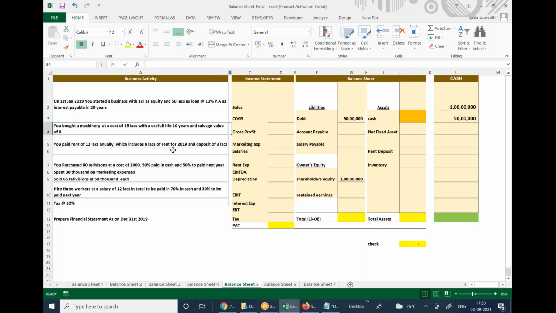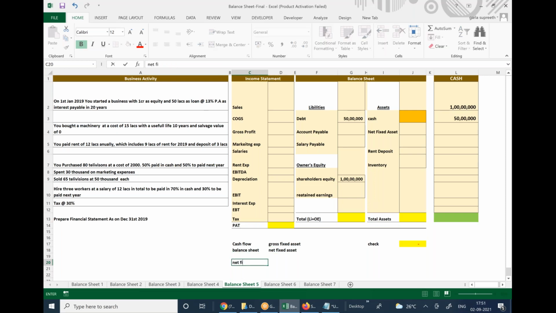So machinery means fixed asset. But remember, what they're showing here is net fixed asset. Always keep in mind, when it comes to cash flow, you record it as gross fixed asset. In the balance sheet, you record it as net fixed asset.